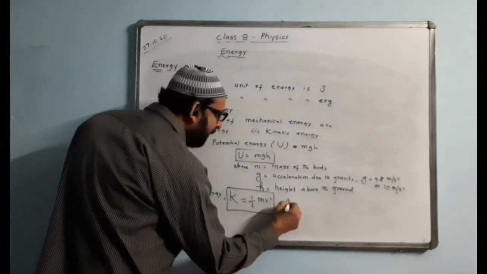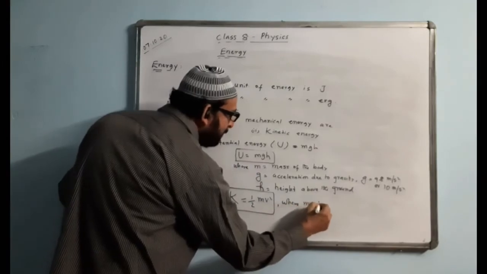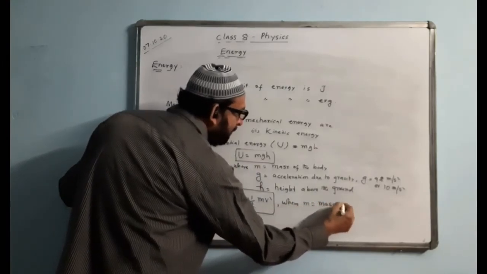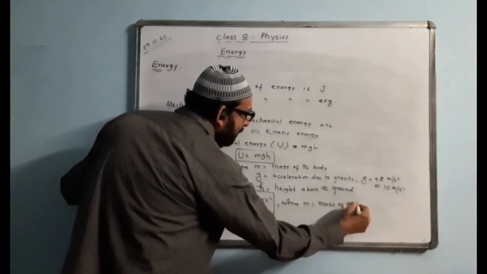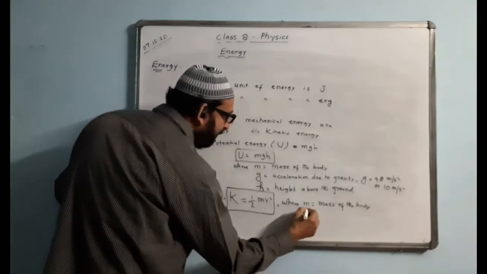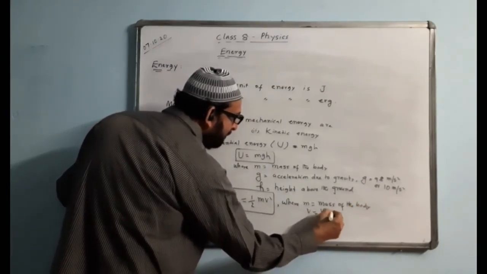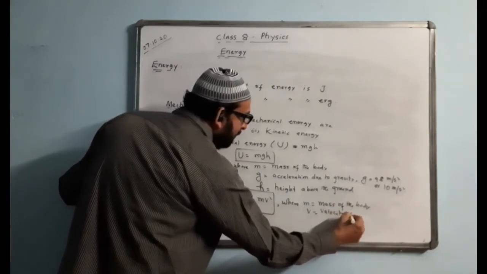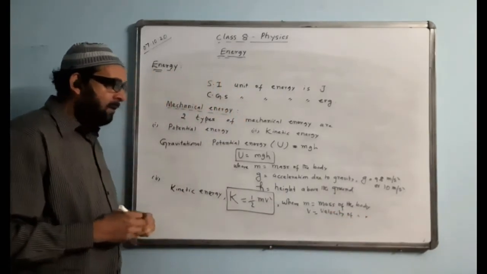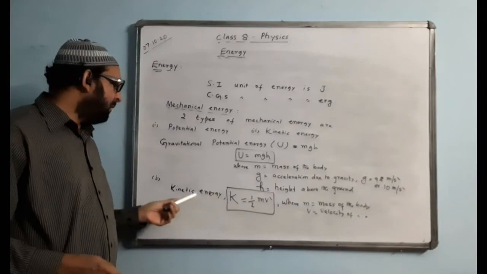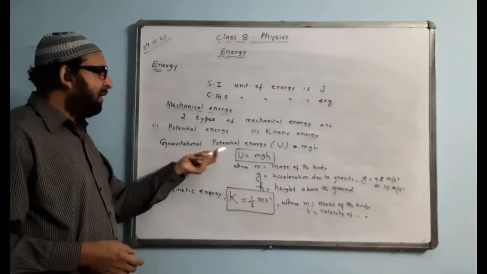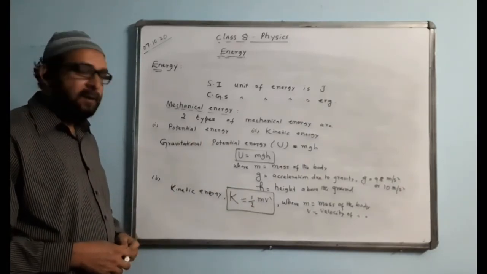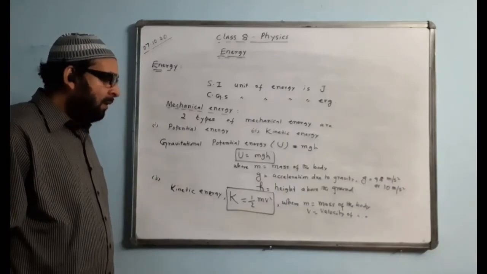We mention where m is equal to mass of the body and v is velocity of the body. If velocity is there, then it has kinetic energy. If height is there, it will have potential energy. As simple as that, you can differentiate between the two.